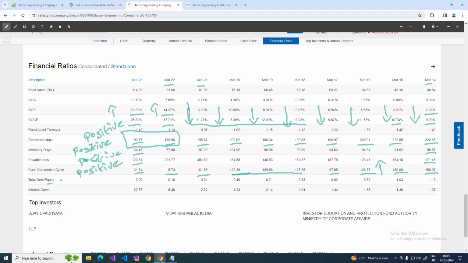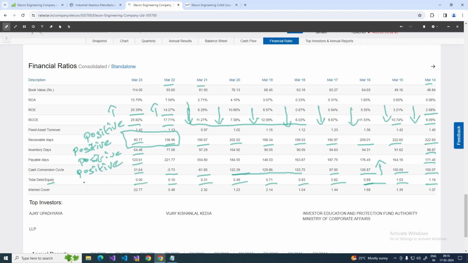Later debt to equity. If you see here in 2014, debt to equity is 1.19, 1.03, 0.989. So here debt to equity is high, but they are reducing debt to equity constantly. Here 0.89 to 0.82, then 0.83, 0.7, 0.49, 0.3, 0.1, and currently in 2023 it's 0.